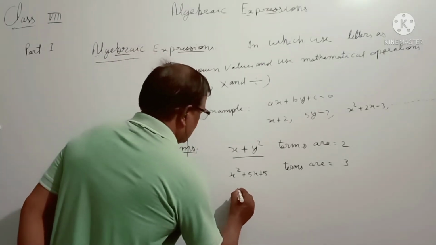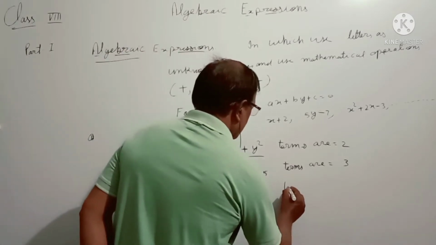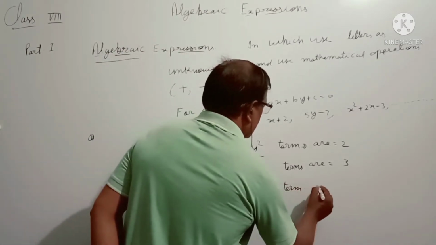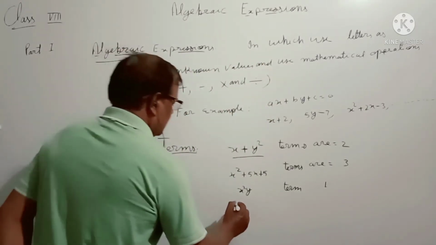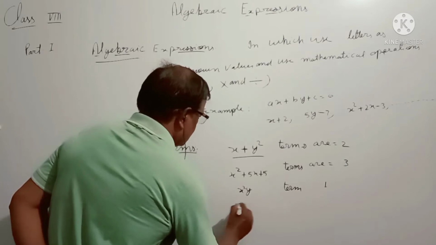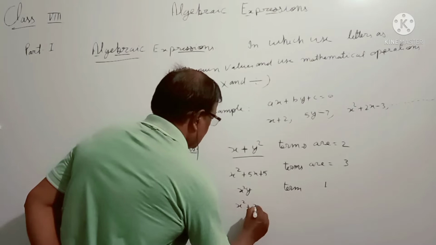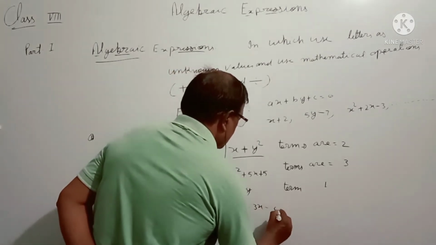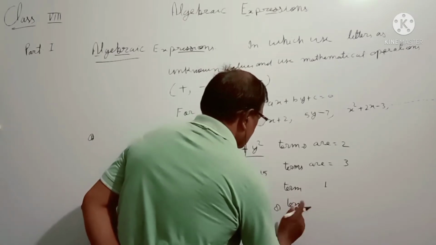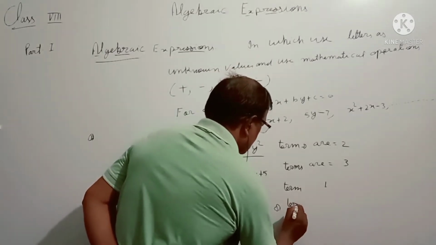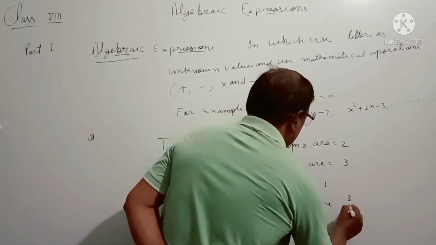And if we write only x square y, here the term is only 1. If we write x square plus 3x minus 8, here terms are 3.